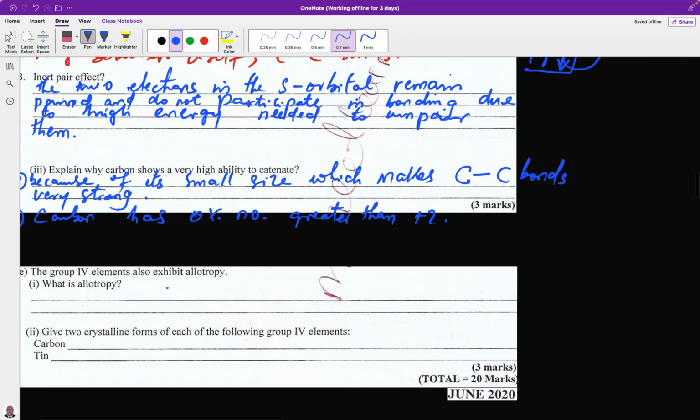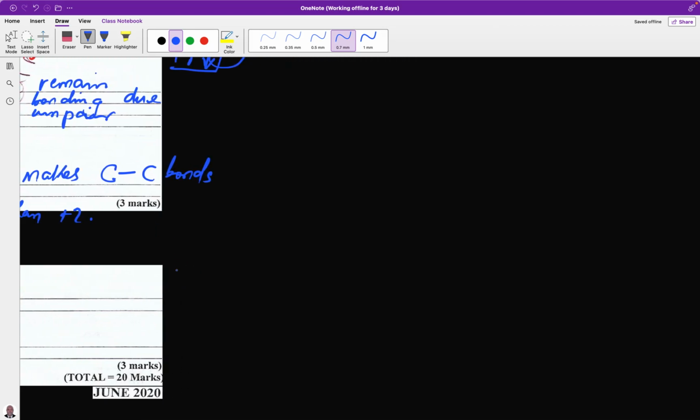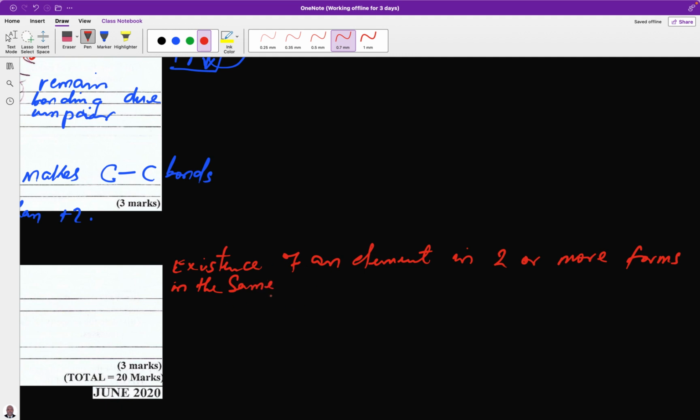Allotropy is the existence of an element in two or more forms in the same physical state, let's say in a crystalline state or a solid state, but differing in their physical properties.